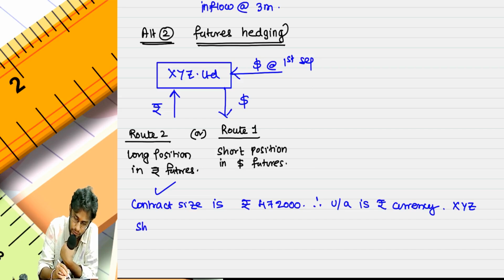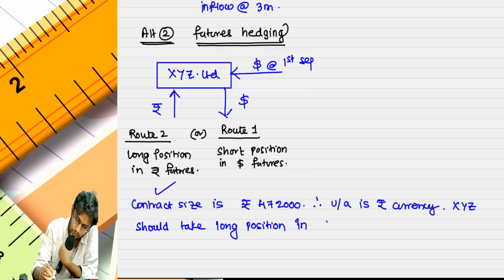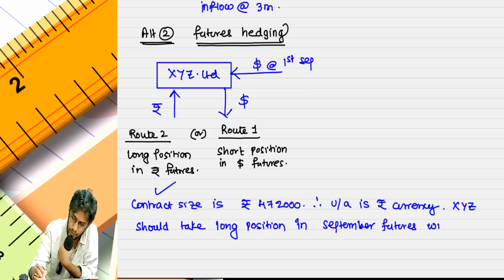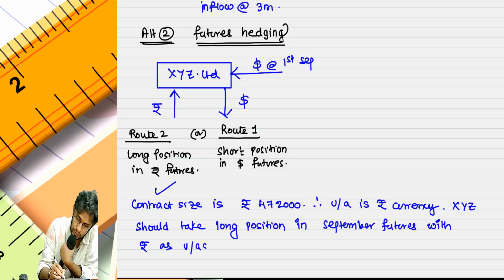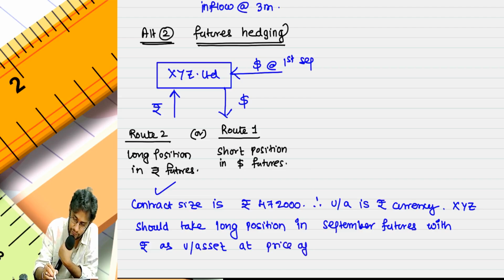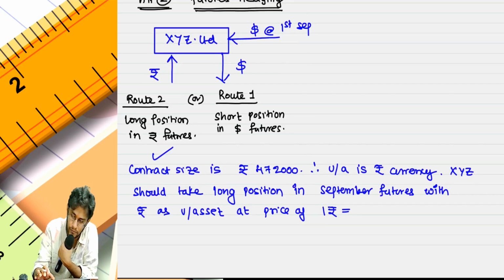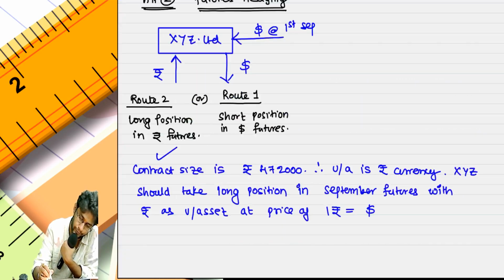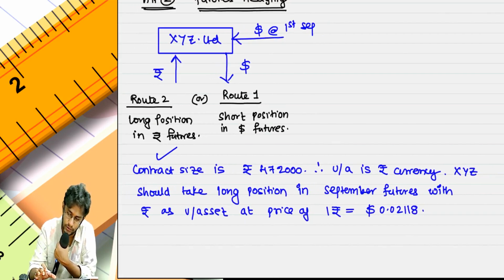XYZ should take a long position in September futures with rupee as underlying asset at the price of 1 rupee is equal to 0.02118.